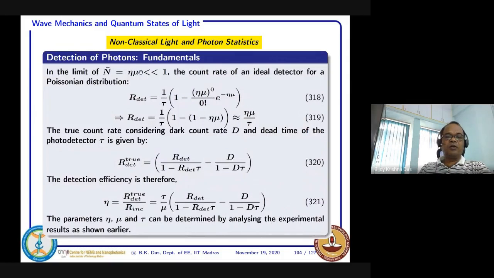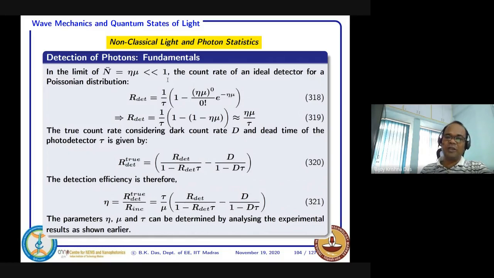Okay, this eta mu, that means you are considering a time sample or window that is very small, so mu will be small and multiplied by eta will be so small that it can be less than 1. That means much less than 1 photon.